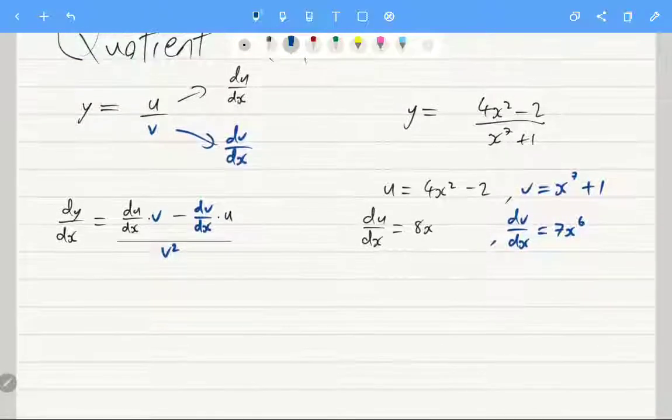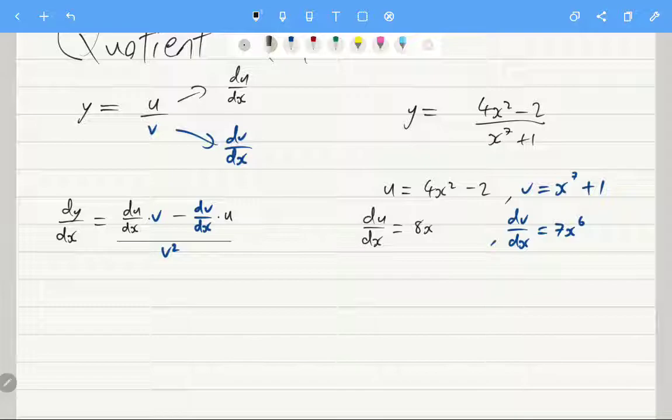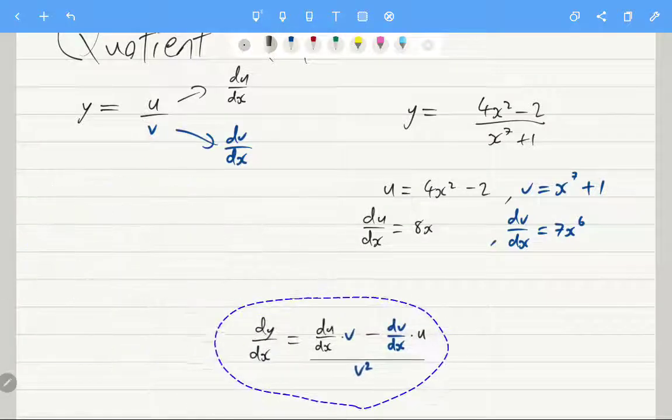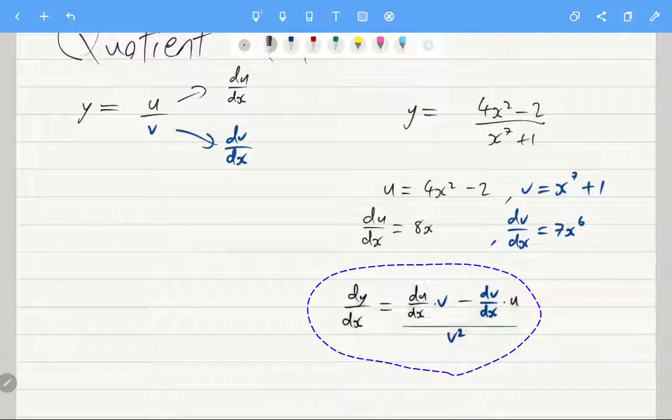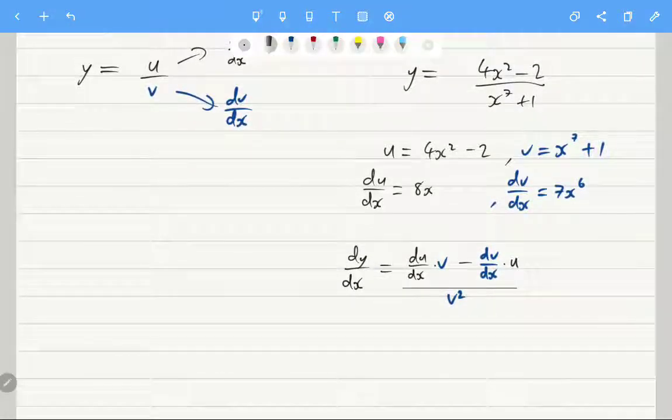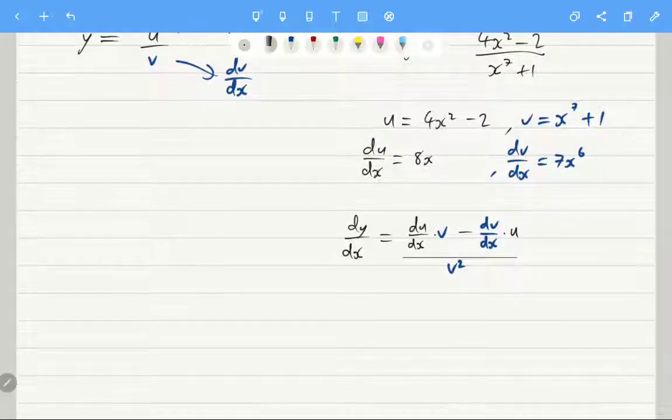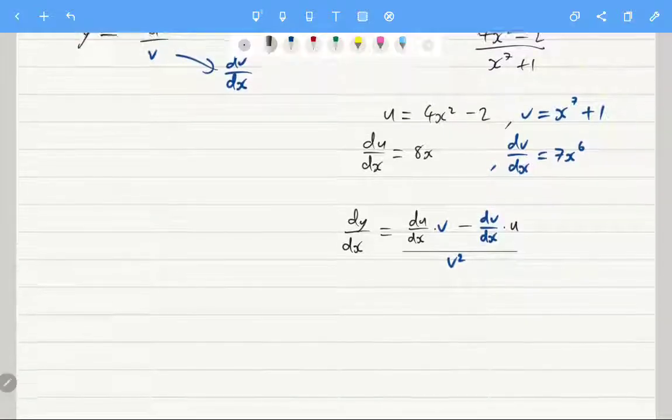Alrighty, so I've done all my working out. Now I can go straight into the formula, which means that the derivative of y is going to be equal to the derivative of u times v minus the derivative of v times u all over v squared. So let's do some substitution.